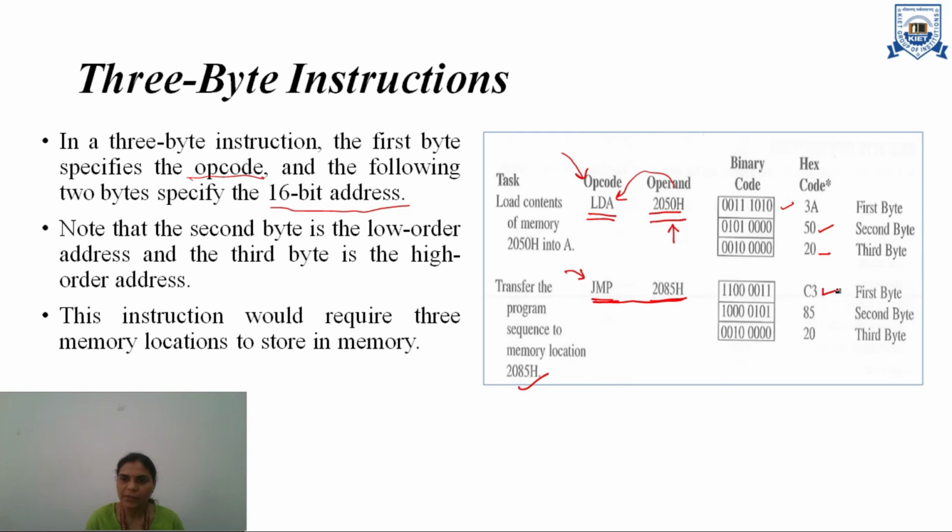The first byte will represent the opcode, jump. The second byte will represent the lower order bits of the address, which are 85. And the third byte will specify the higher order address bits, that is 20. So in this way, a 3-byte instruction will require 3 bytes, or we can say 3 memory locations, to store this type of instruction.